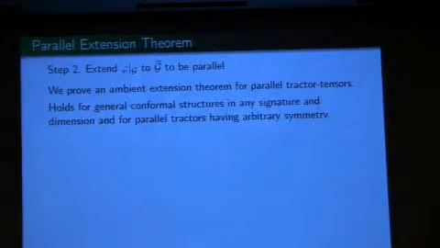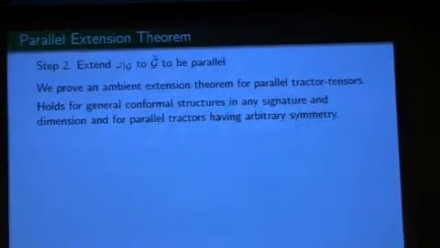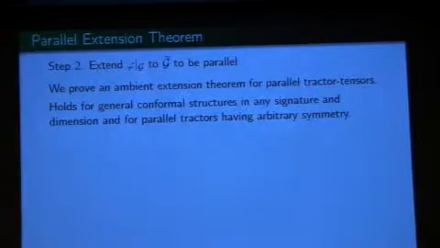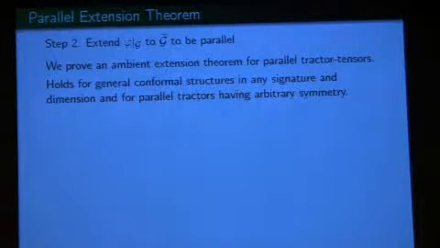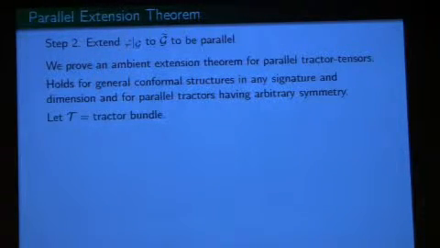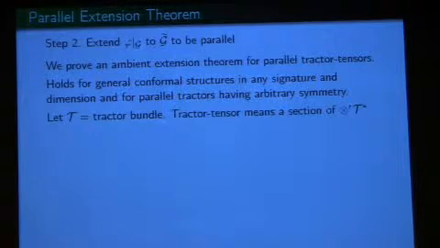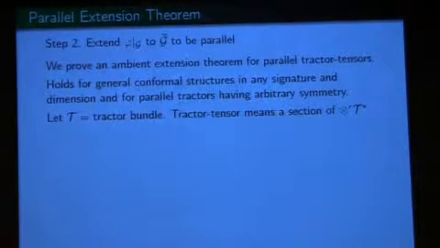But this parallel extension theorem holds in complete generality for any conformal structure, any signature and dimension, and any parallel tractor with any symmetry. So it applies to lots of other holonomy situations. Let me state the theorem. T is the tractor bundle of a conformal manifold. A tractor tensor just means a section of a tensor power of the tractor bundle, or its dual, because it's easier to work with cotractors.